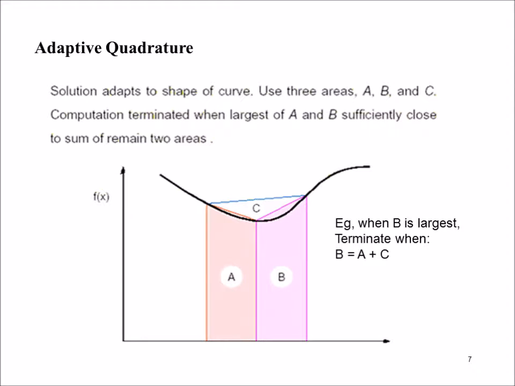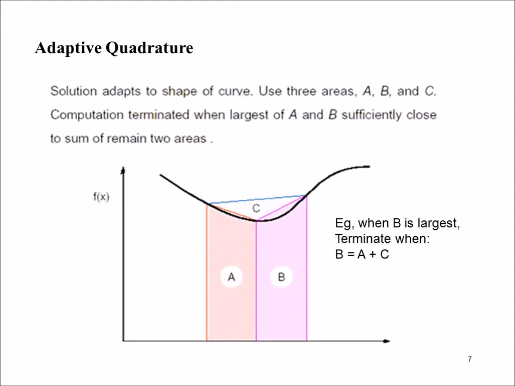So in this example, we have 3 areas A, B, and C. The computation is terminated when the area computed for the largest of the A and B regions is close enough to the sum of the area computed for the other 2 regions. So as you can see, as C becomes smaller and smaller, that means that we don't have to slice it any further because the approximation is already pretty good.